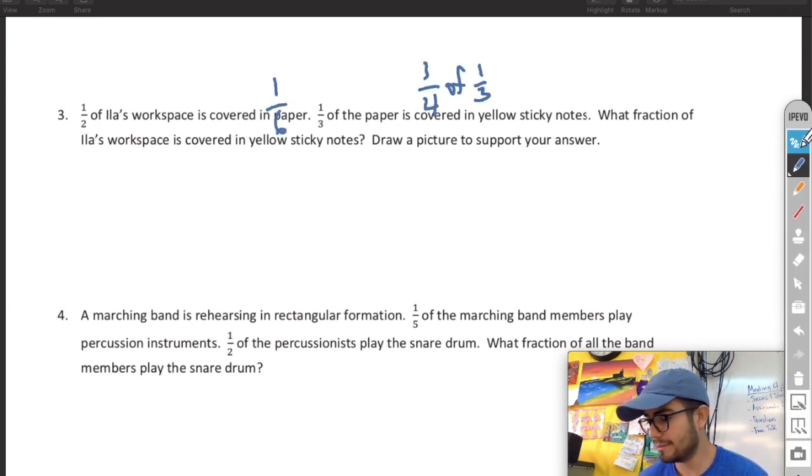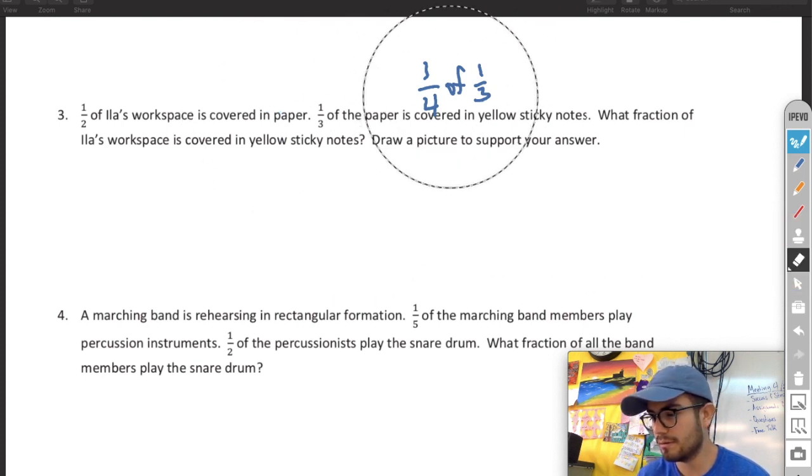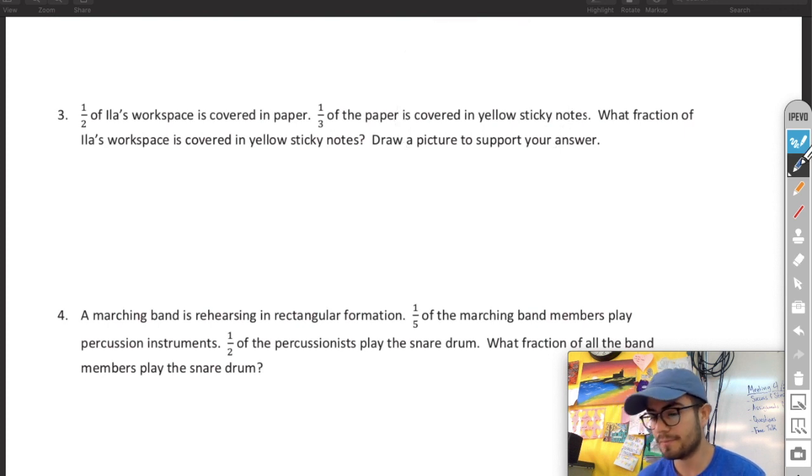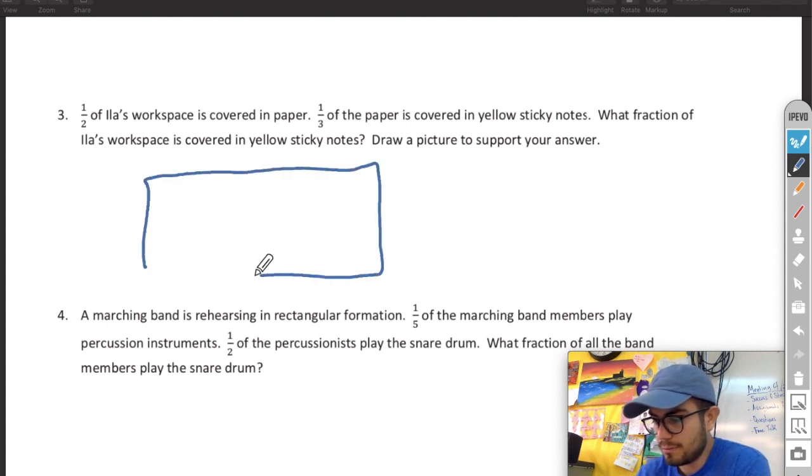Okay, so let's look at this problem because I think there's a lot of words in here and it might sound more confusing than what it actually is. So let's draw her workspace. Here's her workspace. And it says that 1/2 of it is covered in paper.